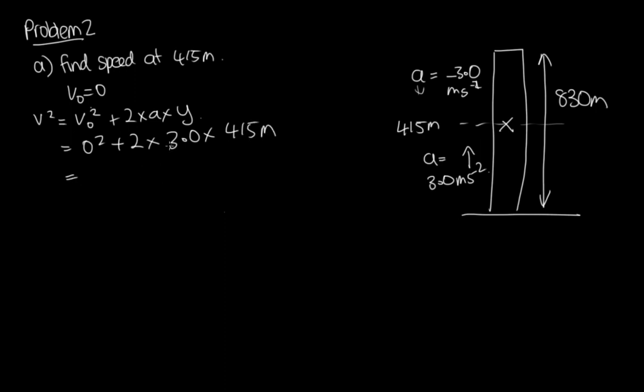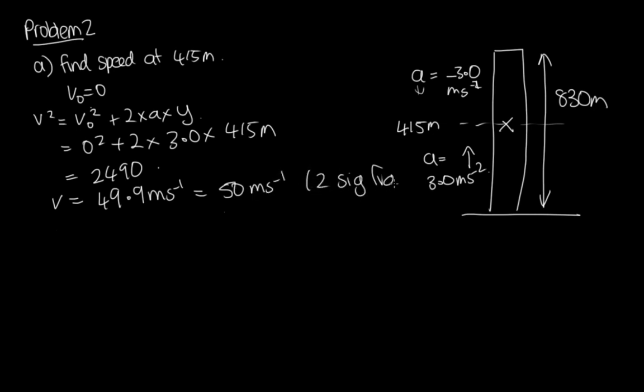And so this gives us that v squared is equal to 2,490, and so taking the square root of this, we get that the velocity halfway up is 49.9 meters per second. And then part B. So we should give this answer to 2 significant figures. So this is 50 meters per second to 2 significant figures.